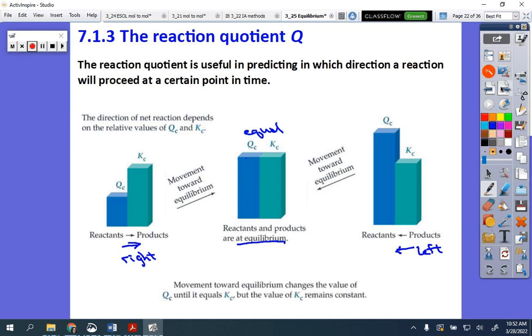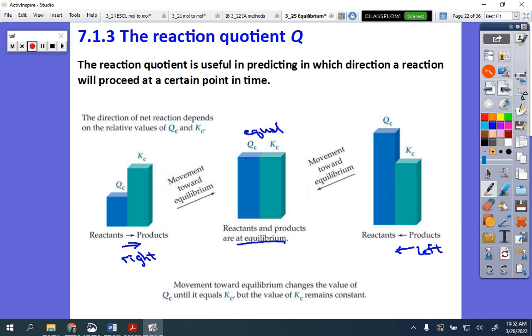At equilibrium, Qc and Kc are exactly the same because the concentrations aren't changing. They're constant. If Qc is less than Kc, we're going to be moving the reaction to the right towards the products in order to increase the value of Qc.